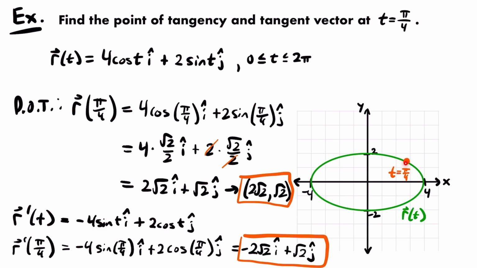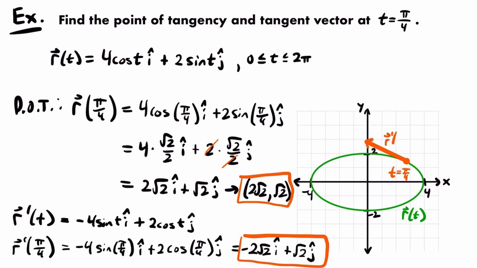So from this point of tangency, we will go negative 2 square roots of 2, or negative 2.8, so that takes us back to the y-axis, and then we want to move positive 1.4 in the y direction, so that would take us to about here. All right, so I'll plot that point right there, and then we'll connect our 2 points to create our tangent vector. It will look something like this.